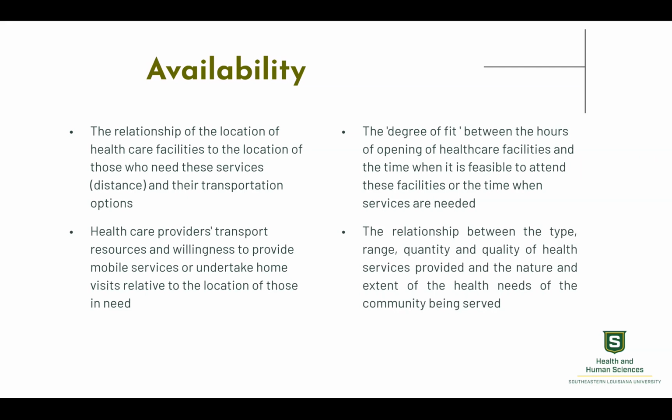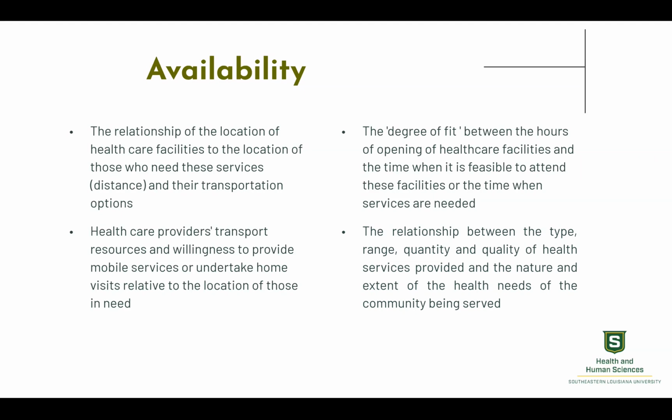We also have to consider the relationship between the type and range of services provided, the quantity and quality of the service provided, and the nature and extent to which the services meet the health needs of the population. So you don't want a situation whereby, for example, a large cosmetic surgery station is situated in a rural community.